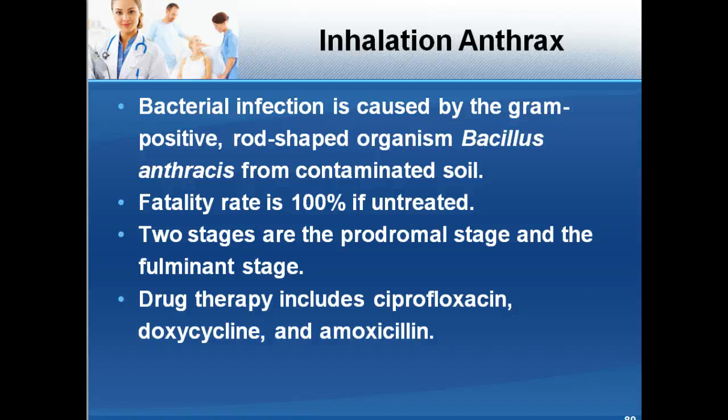So they would usually have a fever, fatigue, mild chest pain, and a dry, harsh cough. The fulminant stage begins after the patient feels a little better, and usually there is a sudden onset of breathlessness, and this sensation rapidly progresses to severe respiratory distress. Usually, you don't want anybody to get to that phase.